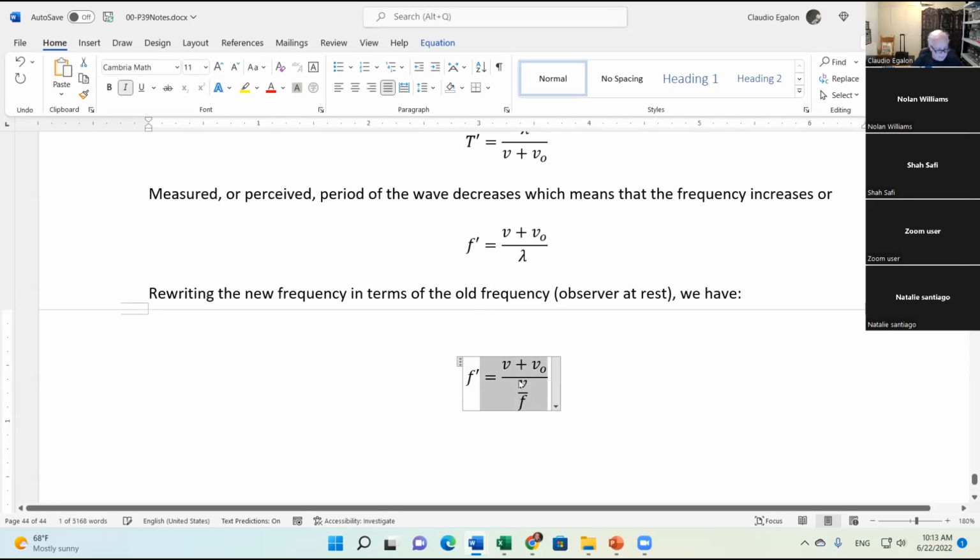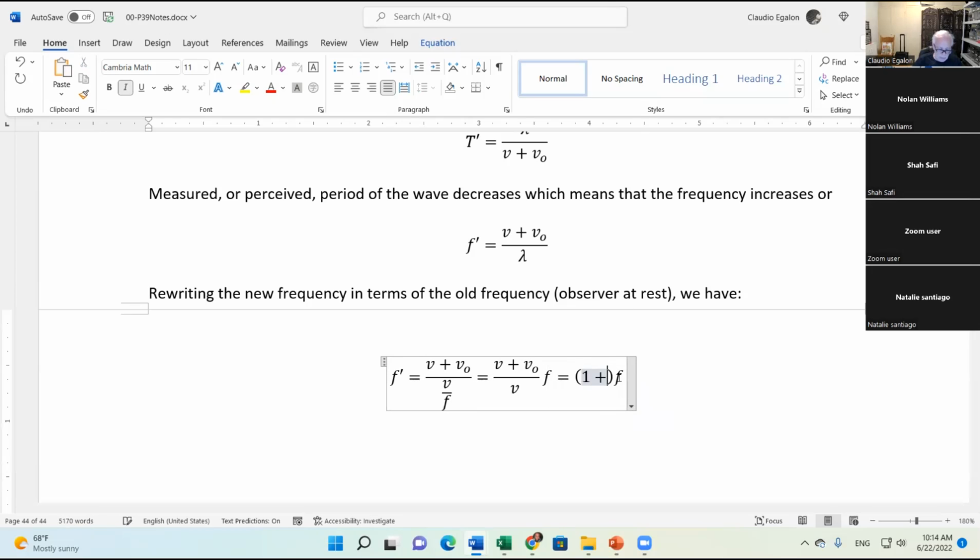And we can go to the next step here. Here you go. f prime gets f times 1 plus v naught divided by v. So the new frequency is greater because we're moving towards the source.